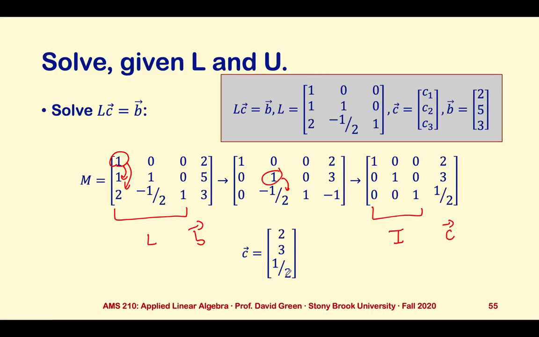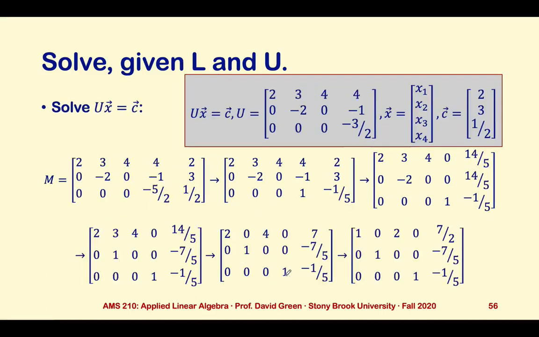Once we have C, we are now ready to solve for the upper triangular system. We use the C value that we just calculated, our matrix U from before, and we take exactly the same approach.